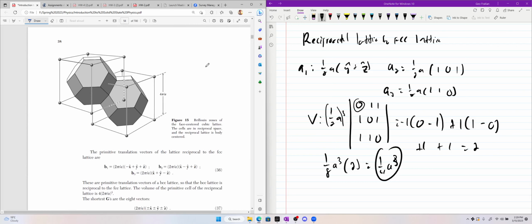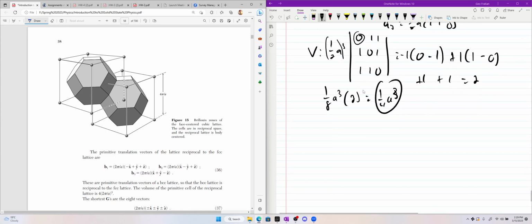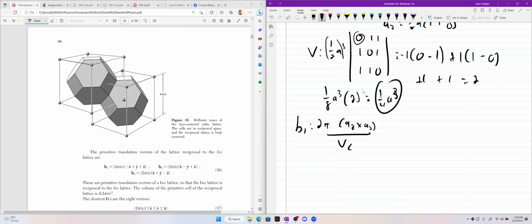Very nice. So then if we plug it into the reciprocal lattice vectors, where b1 equals 2 pi a2 cross a3 over Vc, we get 2 pi over a negative x hat plus y hat plus z hat. Oh, that looks very familiar. That was the BCC one.